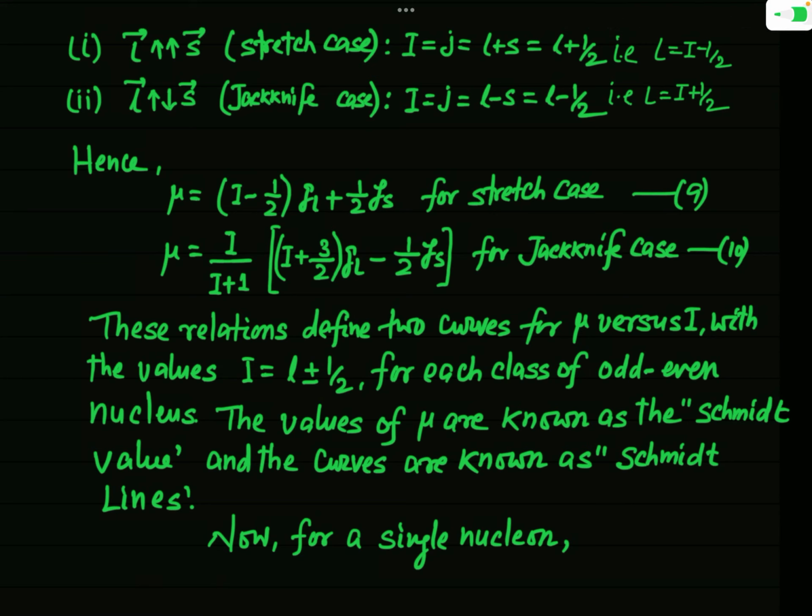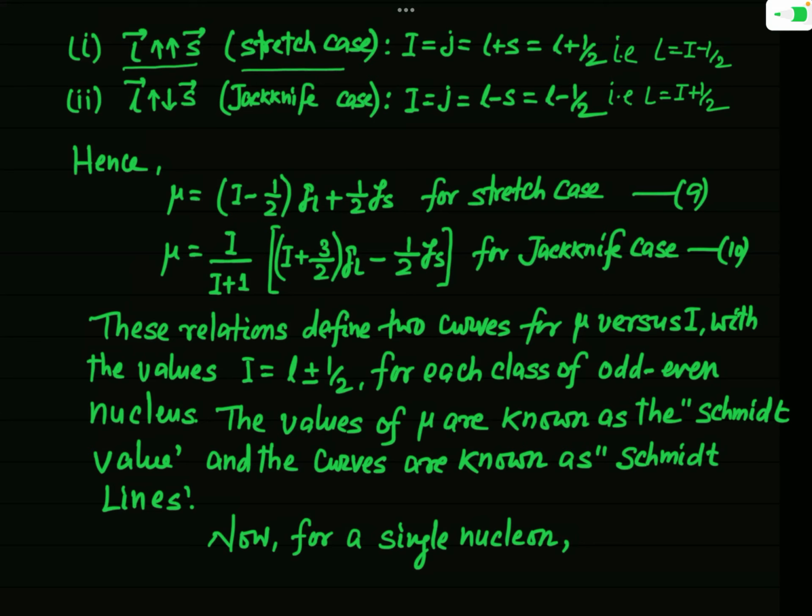In the first case, we consider L is parallel to S. L and S both are in the same direction. Actually, when L is parallel to S, that is called a stretch case.